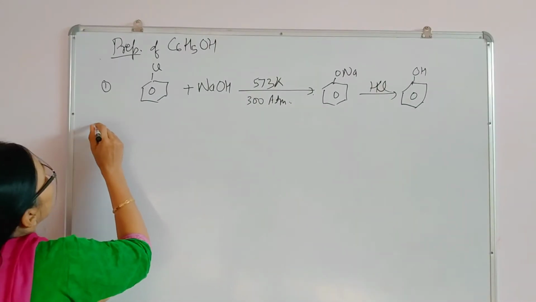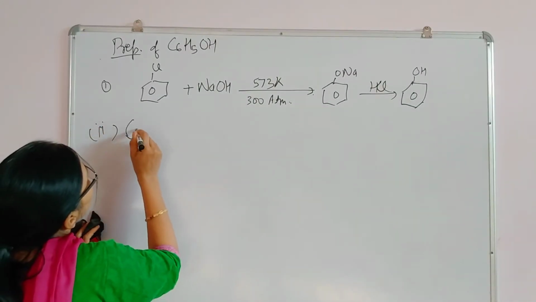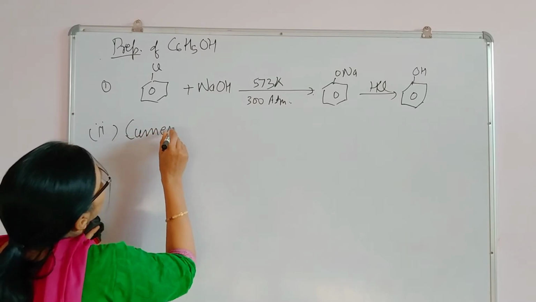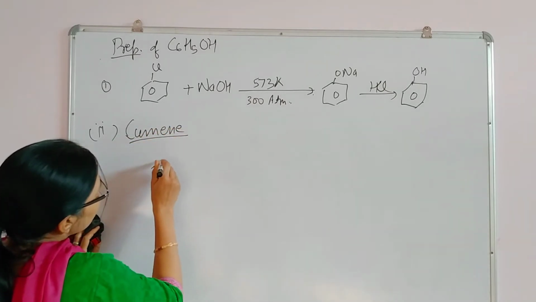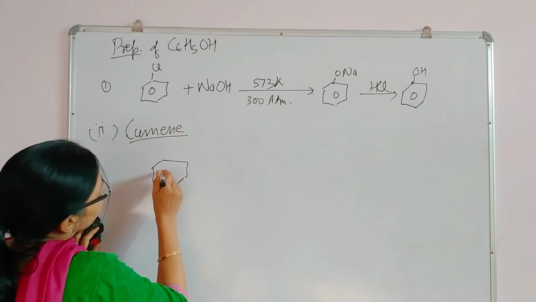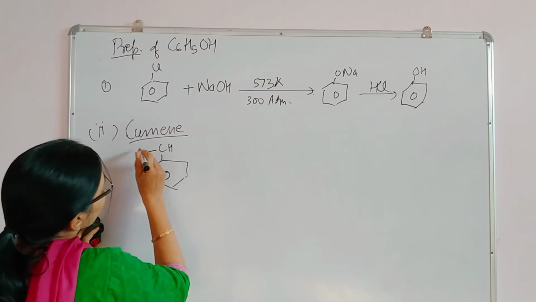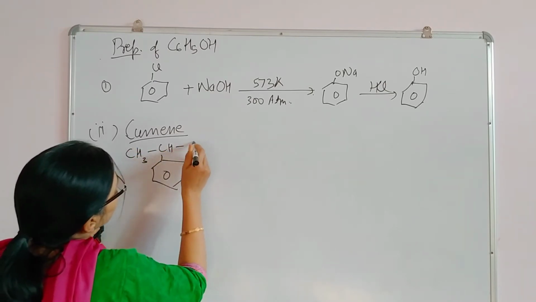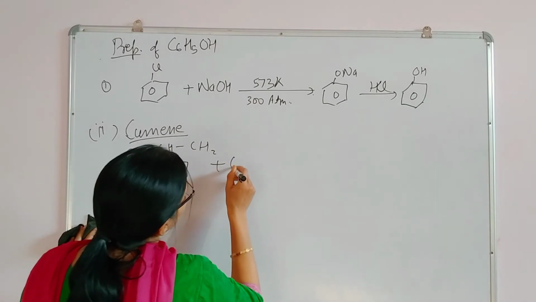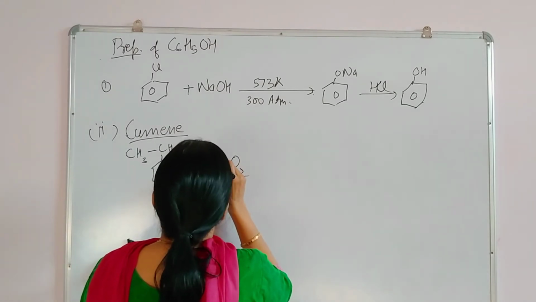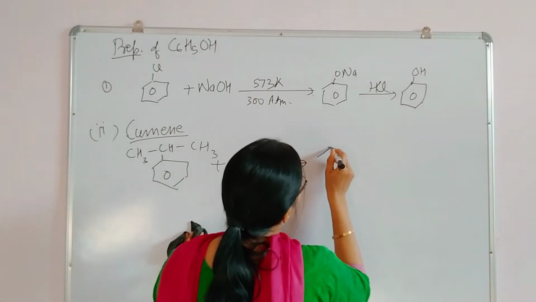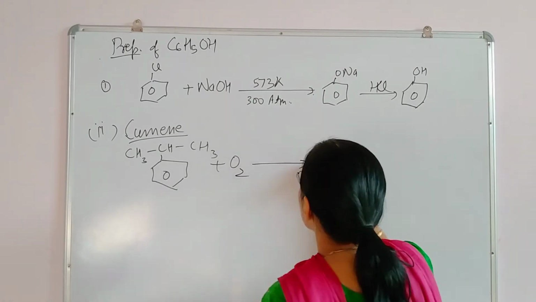Next, from cumene. Cumene is isopropyl benzene. It is treated with oxygen. There will be formation of cumene peroxide.